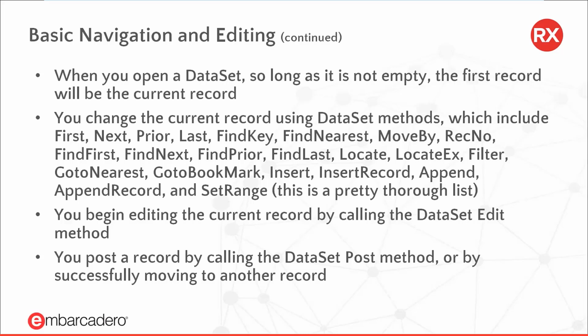FindFirst, FindNext, and the other Find methods are used in conjunction with a filter to navigate based on the filter. You have Locate, you have LocateX, Filter, GotoNearest, GotoBookmark, InsertRecord, AppendRecord, and SetRange. All of these can change the current record. And that's a pretty thorough list of the types of methods that you're going to use programmatically.